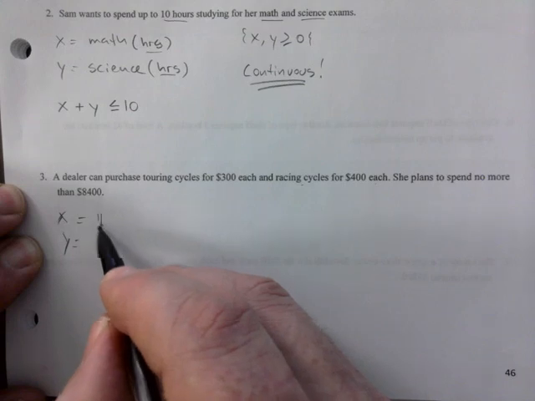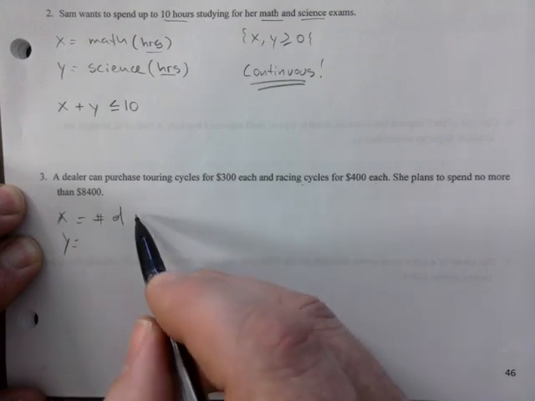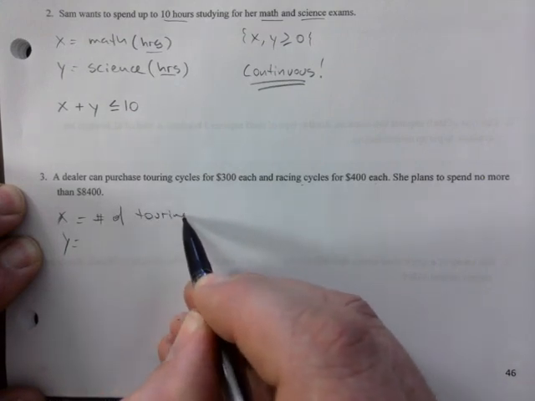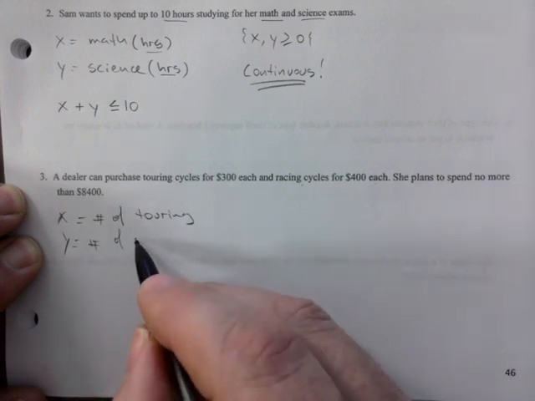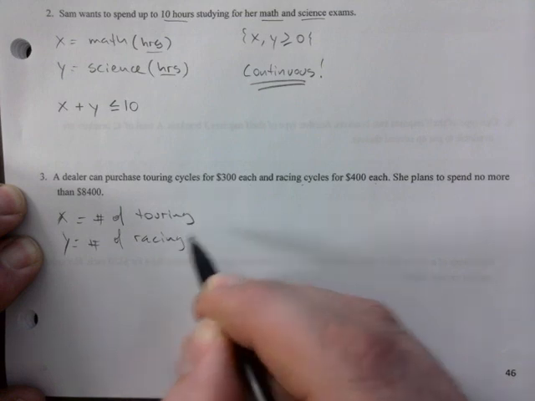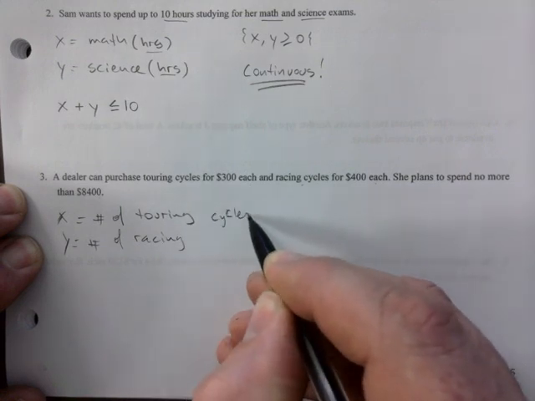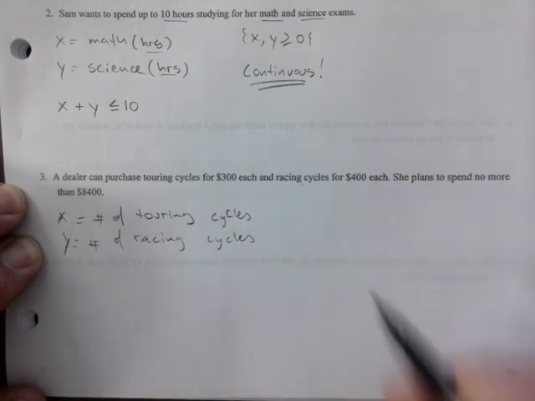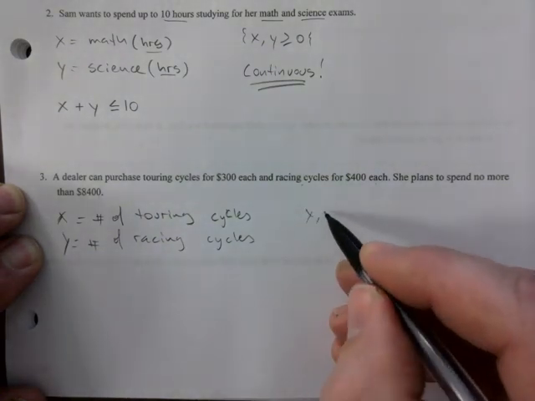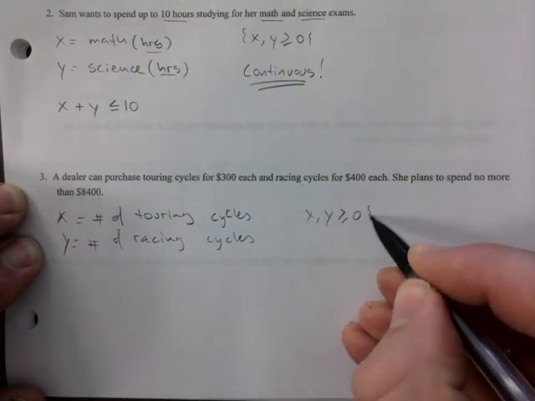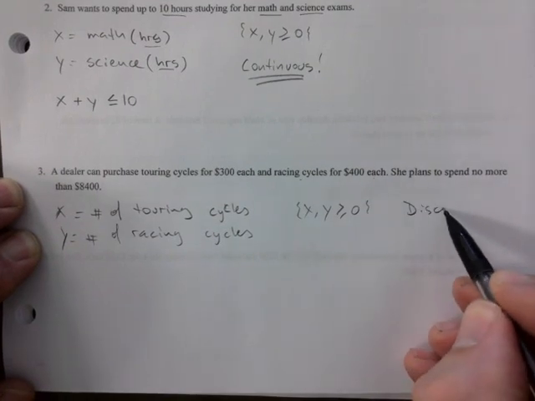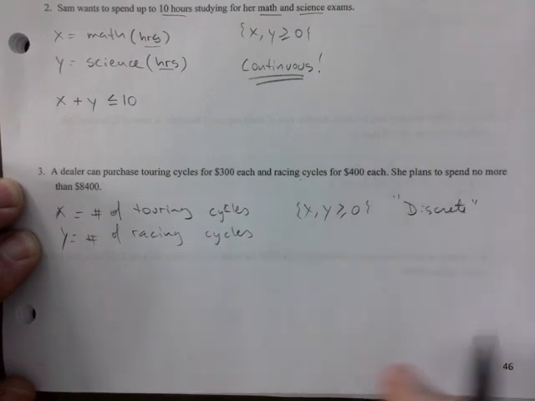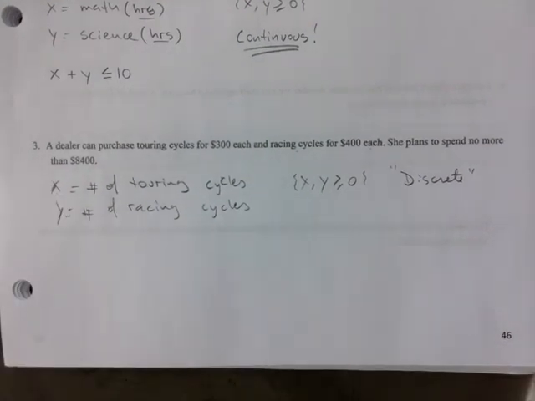X would be number of touring, and Y would be number of racing cycles, I should say. That's the implicit constraint, and we know that this is discrete. So we would round any points of intersection, but that's for later this week. Okay.